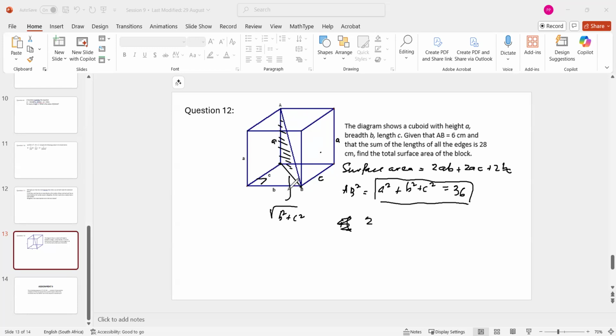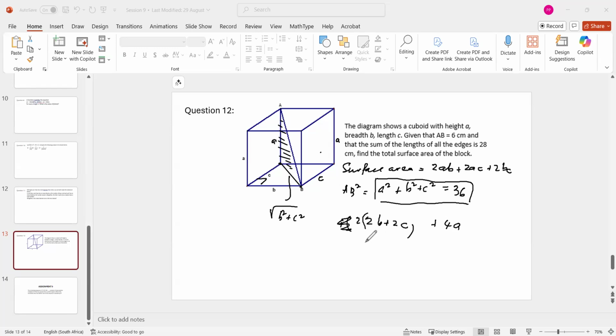The bottom edges are just the perimeter of this rectangle here. There's 2B plus 2C, right? So those 4, and then that's added twice. Those 4 plus 4, and then vertically you've got 4 A's. So that gives you the 12 edges.